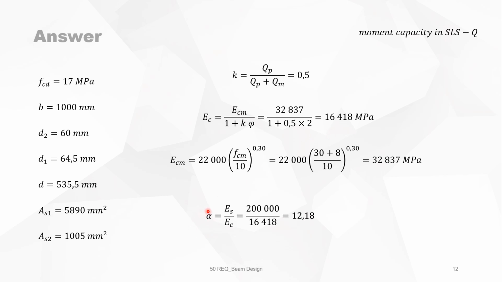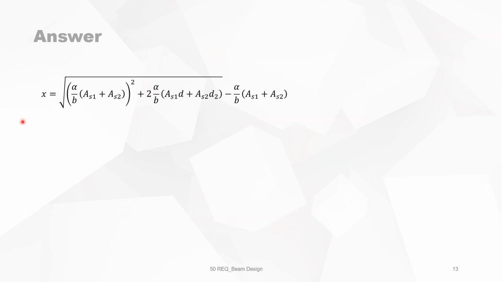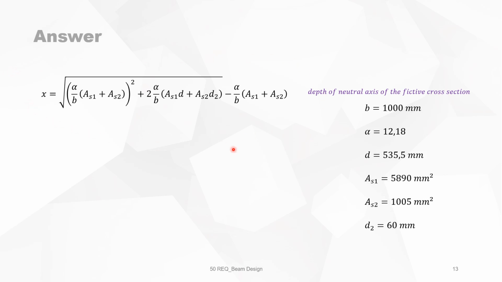Alpha is then equal to 12.18, and this is what we expect. We expect a value around 15 in SLS QP. The depth of the neutral axis of the fictive cross-section is then equal to this. We calculate with all those parameters that we've got.